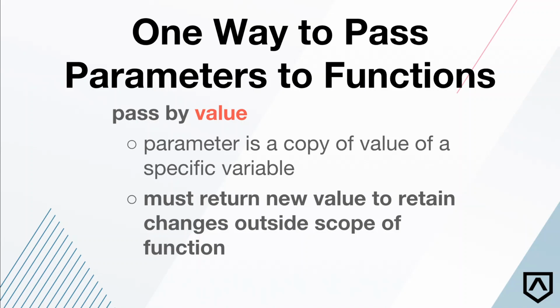If you want to take that parameter and return some changes to it, you're going to actually have to return some new value if you want those changes to stick after the function has terminated. And this is good in a lot of scenarios, but let's say the value that you're passing is really big. Well, maybe you start to see if you're making a lot of calls to this function where you're passing in these really big parameters, your program might start to see some performance issues.